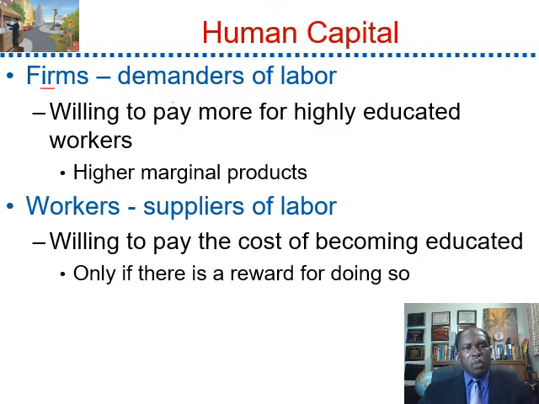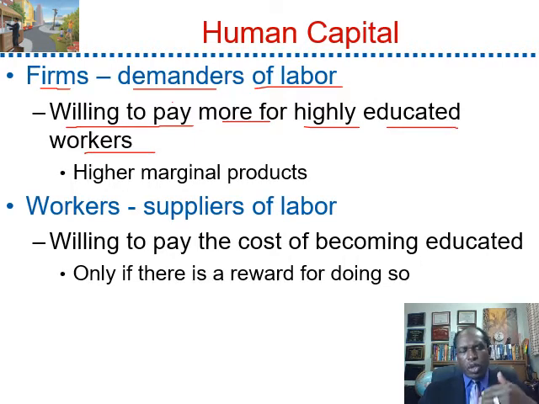Business firms are the demanders of labor. So these firms would be willing to pay more for highly educated workers. Why? Because they are more productive. They have higher productivity, and so they also have a higher marginal product.